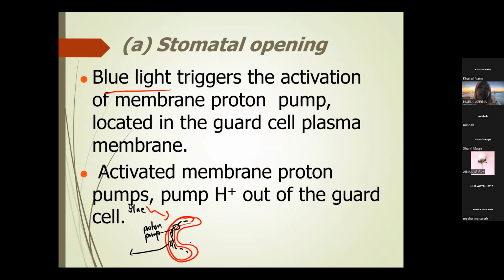Terlalu negatif tak boleh. So untuk balancekan the electronegativity, potassium ion yang daripada luar banyak-banyak ni, from the surrounding cell, will be transported into the guard cell using a specific potassium ion channel. So potassium akan masuk. So potassium pun banyaklah dalam ni.